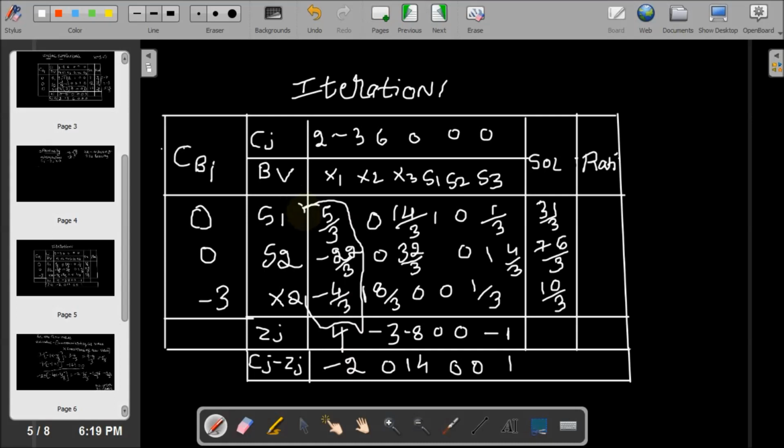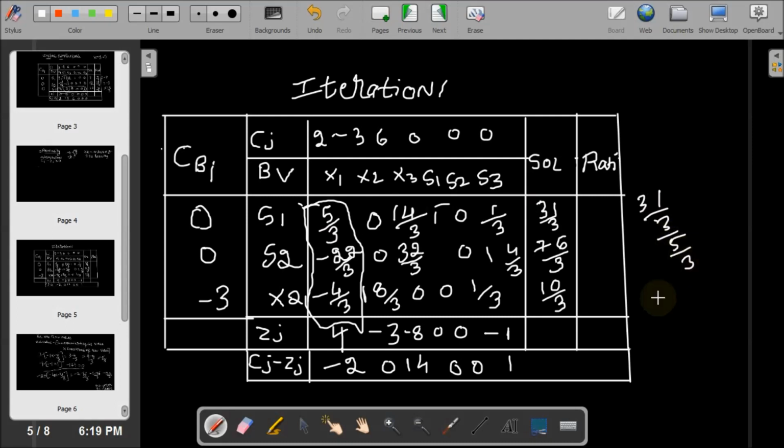Now how to find out the key row? To find the key row, I have to find the ratio. How to find the ratio? You have to divide. 31 by 3 divided by 5 by 3.